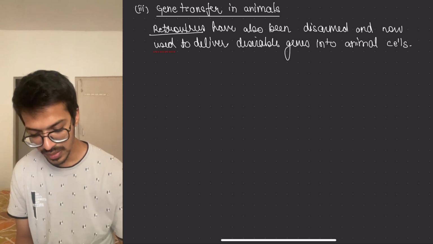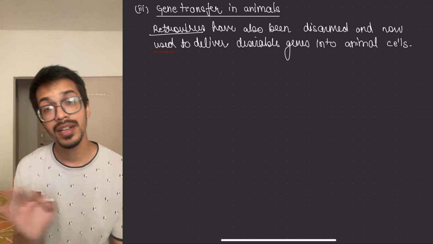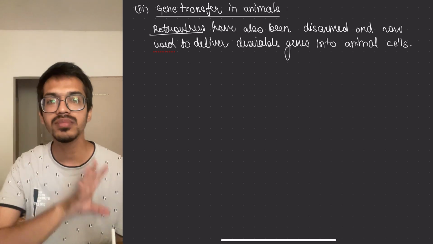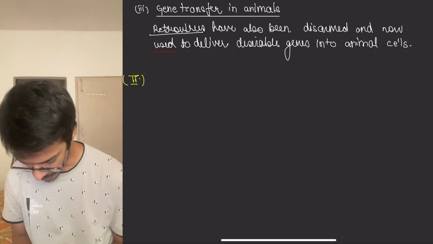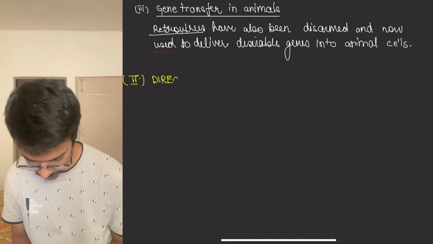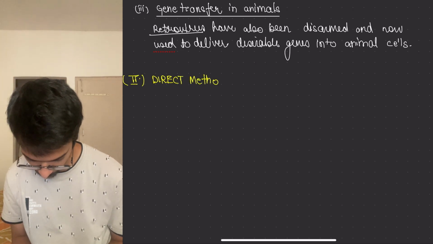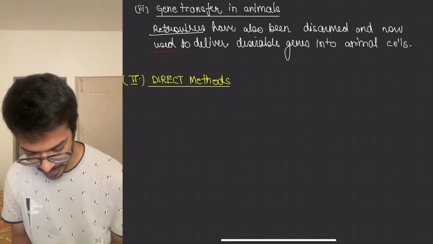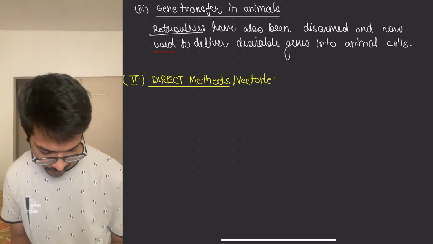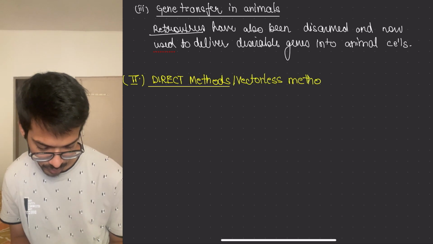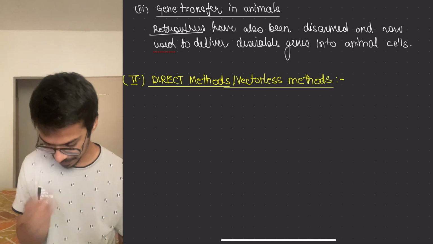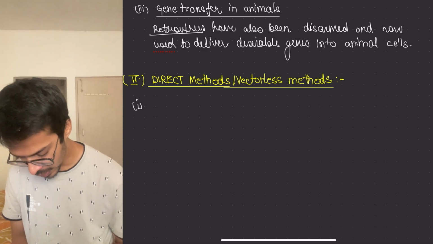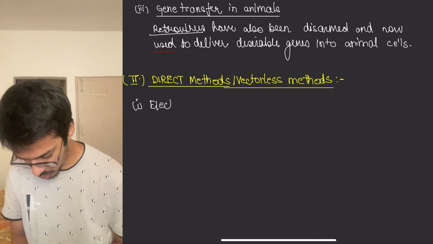Now coming back, this is the indirect method. Now comes the direct method. Straightforward, the name, and you have to remember what is happening over there. Okay, so the second one was direct method. Or it is called as what? Vectorless method. In this, number one is electroporation.